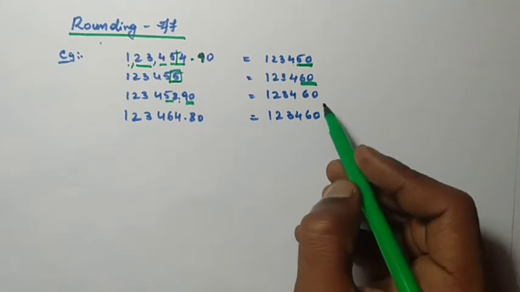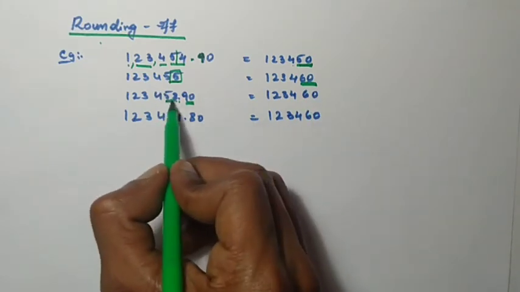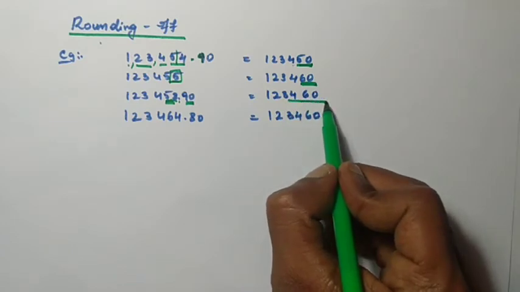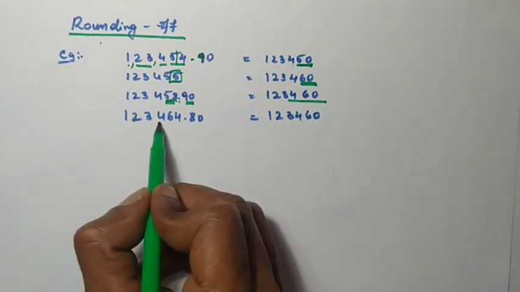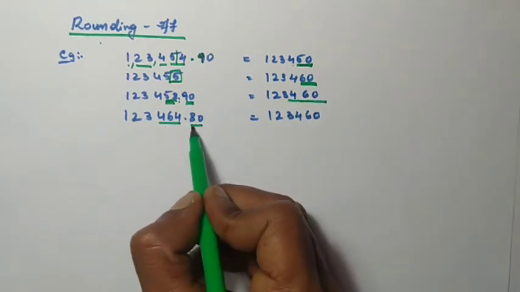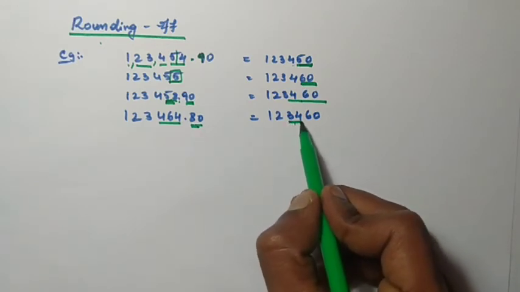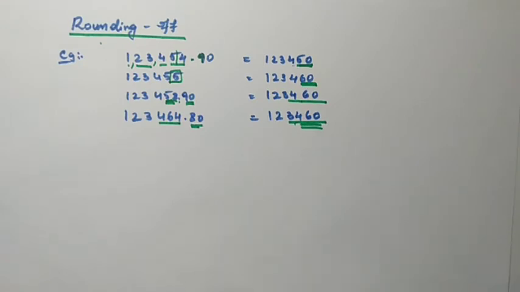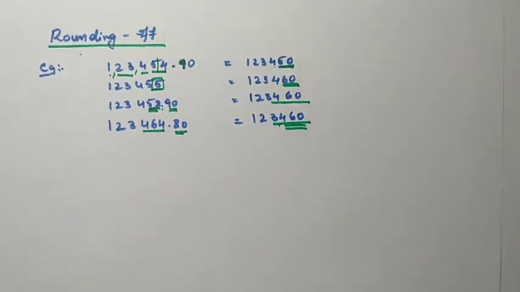If 58.90, it will round off to 460. 464.80, it will be rounding off to 460. Let us do one or two illustrations for more clarification.